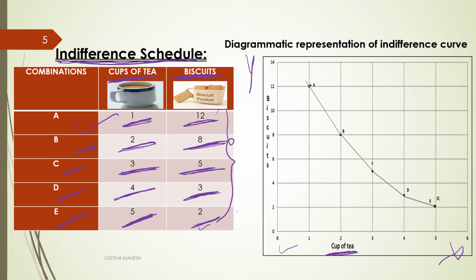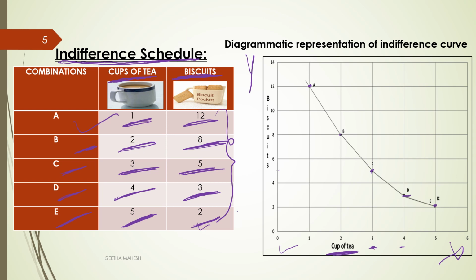Combination B shows 2 cups of tea and 8 units of biscuits, and combination C shows 3 cups of tea and 5 units of biscuits. Similarly, point D shows 4 cups of tea and 3 units of biscuits, and point E shows 5 cups of tea and 2 units of biscuits.